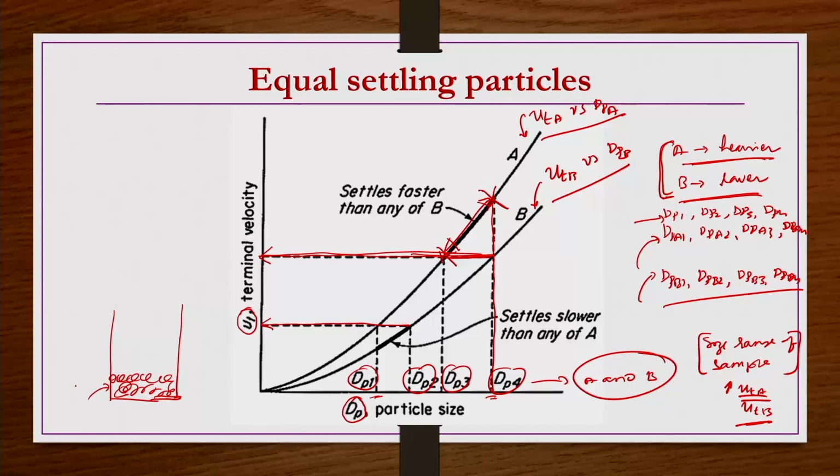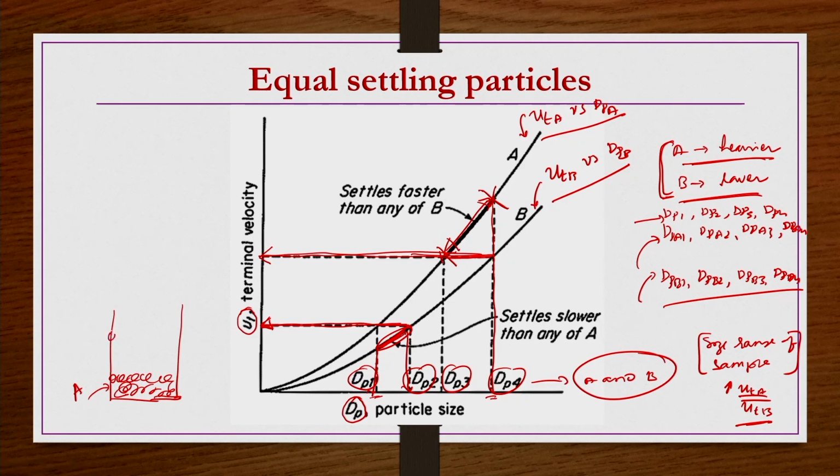So this would be A material. And then at the other, lower end, you take another terminal velocity. Here you can see, for this range of material, dp1 to dp2, the B type material has the lowest settling velocity compared to any other particle of A type.